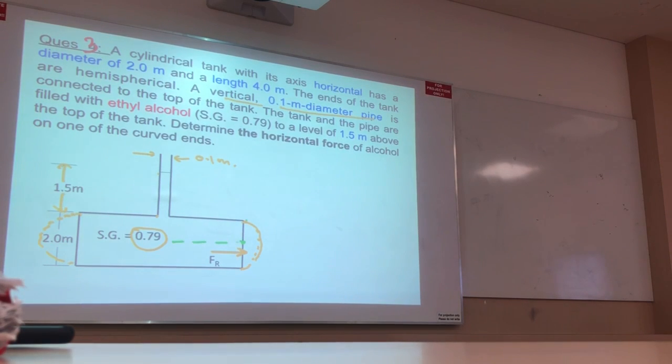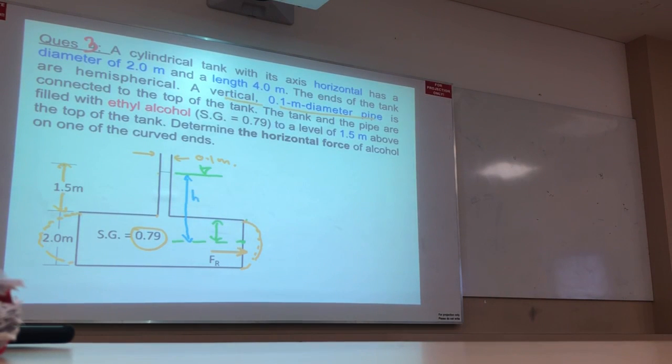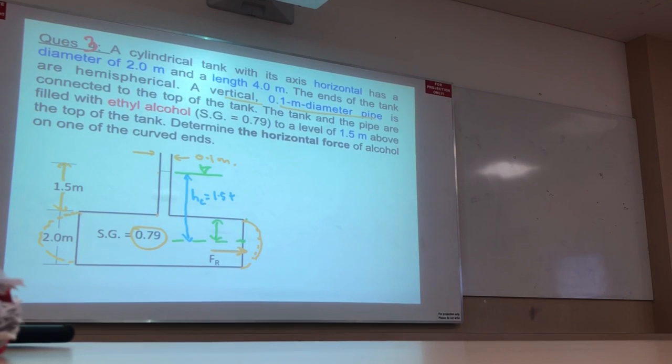It is 1. Here is 1, right? And you have to calculate HC from the surface. HC is equivalent to 1.5 plus 2 by 2, that means 2.5 meter. Understand?